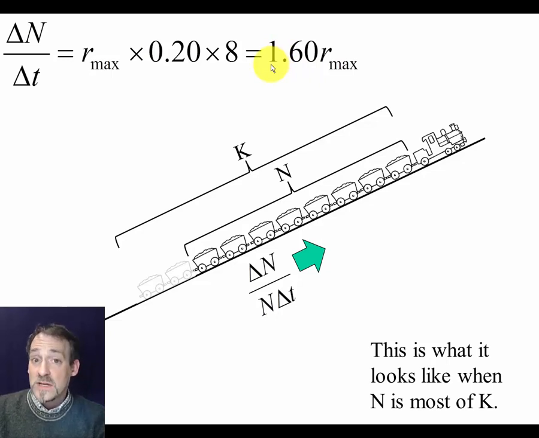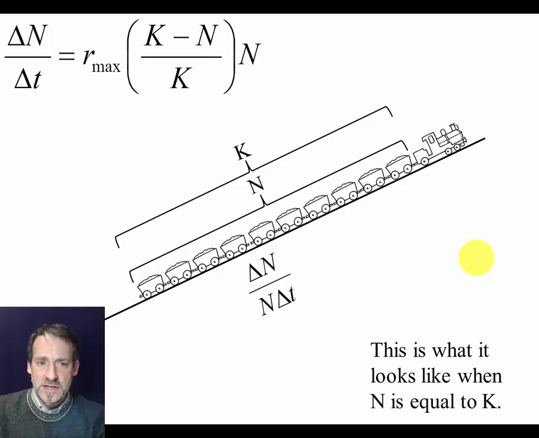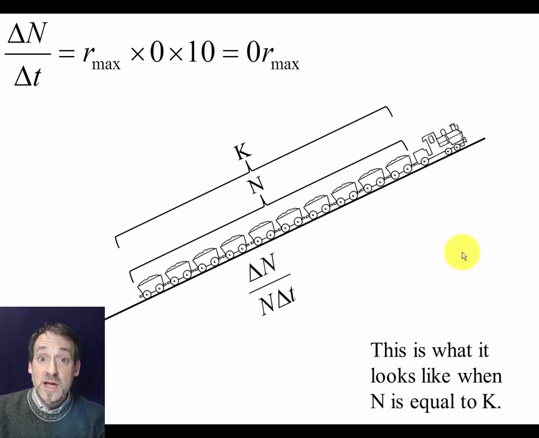So it's less effective now than it was when N was only half of K. And obviously, if you keep adding cars onto this train, you're going to hit some point where it's got 10 cars attached to it, but they're not going anywhere. And so the rate at which you're delivering freight is 0.